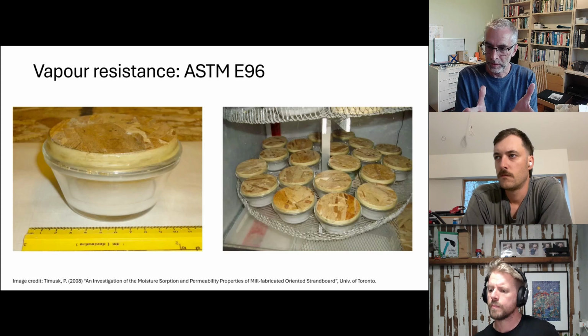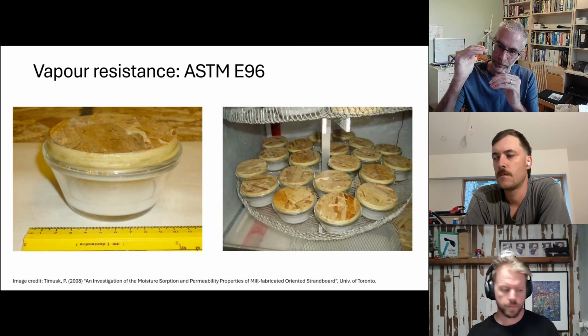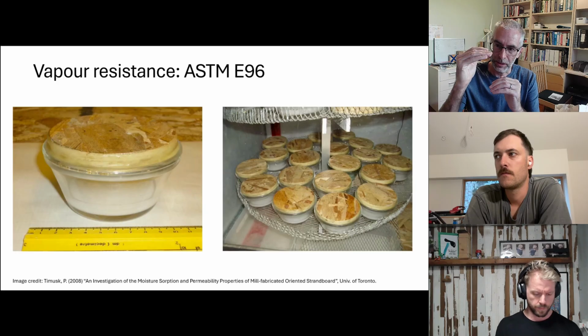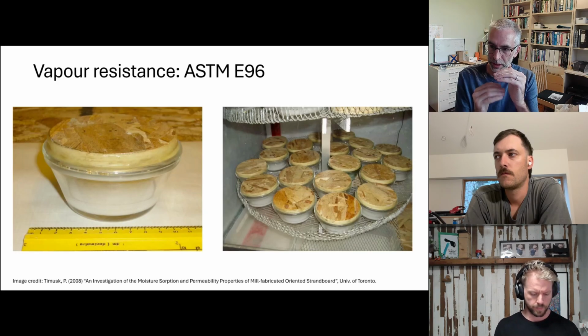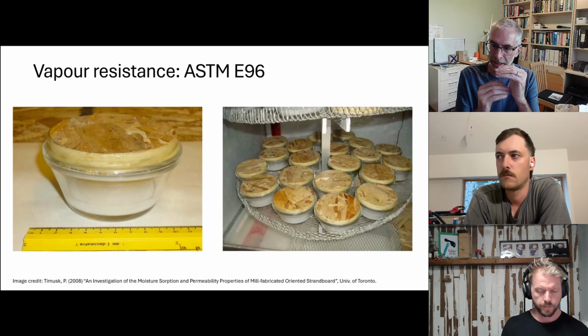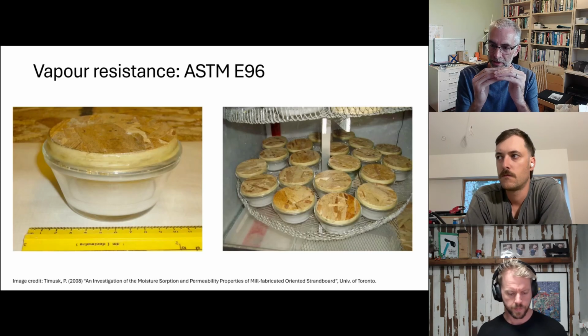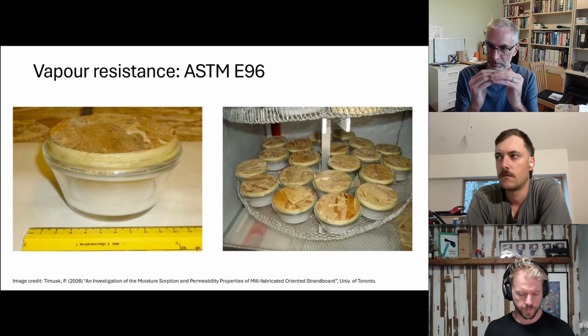And then you put it in a chamber for a period of time. There's a stable temperature in the low 20s degrees and a 50% relative humidity. If you have 50% relative humidity in the chamber above our sample, and say you have water in the cup itself, then the average humidity across that material is 75%, give or take.